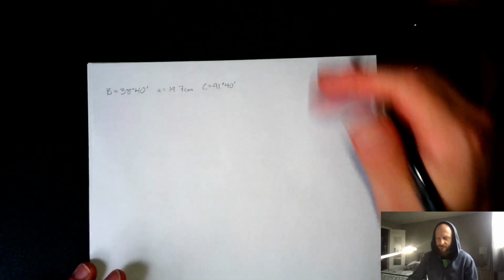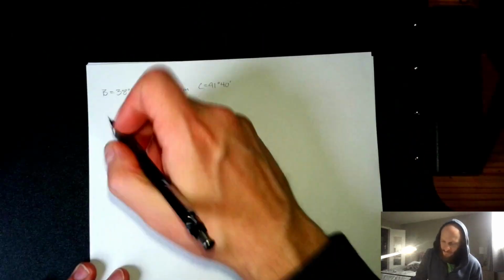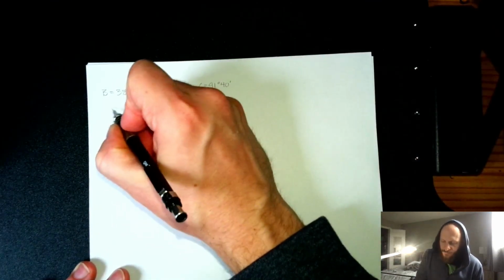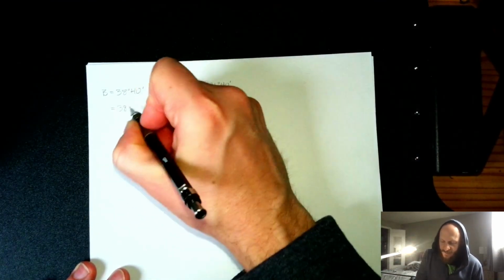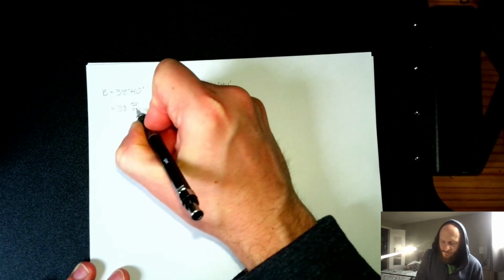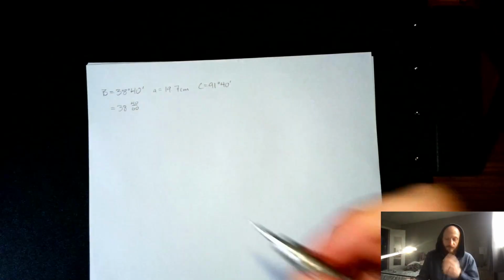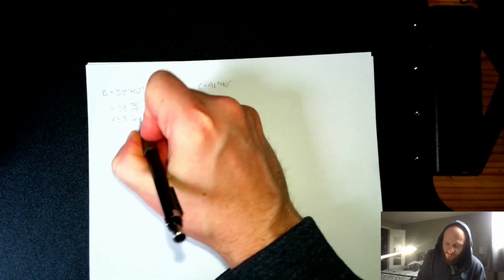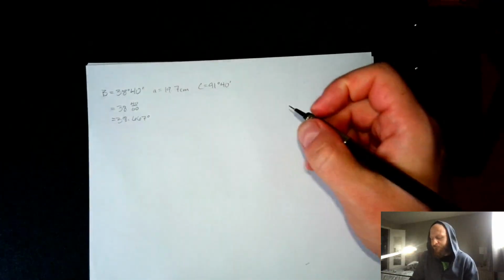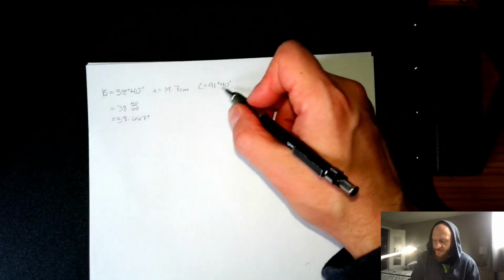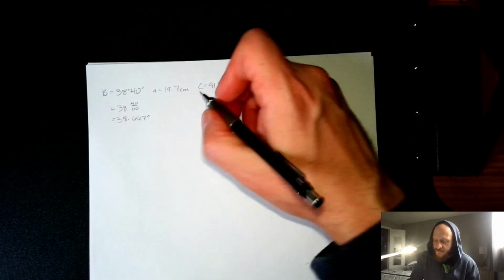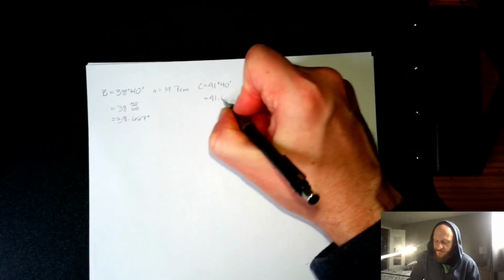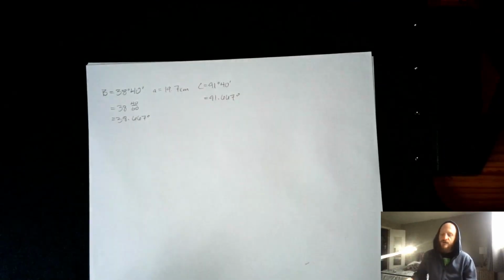I don't think it's that sophisticated. No biggie. So B is 38 and 40 over 60, so 38 and 2/3, 38.667 degrees is what we'll say. And it's going to be the same thing with C, 91.667 degrees.